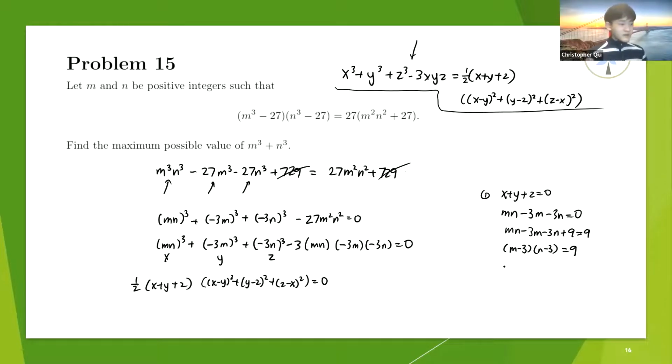So now we can see that m minus 3 and n minus 3 must be either 1 and 9, 3 and 3, or 9 and 1. So we can see that m and n are either 4 and 12 or 6 and 6 in some order. So let's write the pair m and n is equal to either 4 and 12 or 6 and 6.